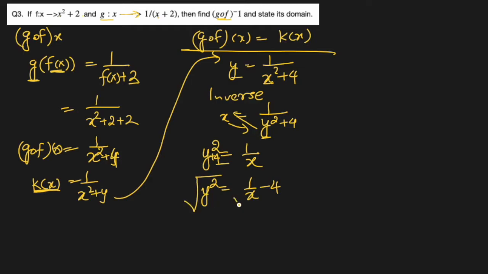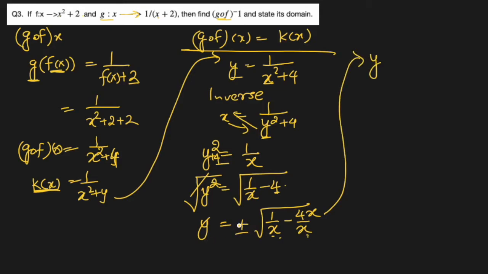Square root both sides. So y, because square and square root cancel, y equal to plus and minus square root of (1 over x minus 4). And let me write them with the same denominator, 4x over x. I multiplied it by x and divided by x so that the denominators are the same.